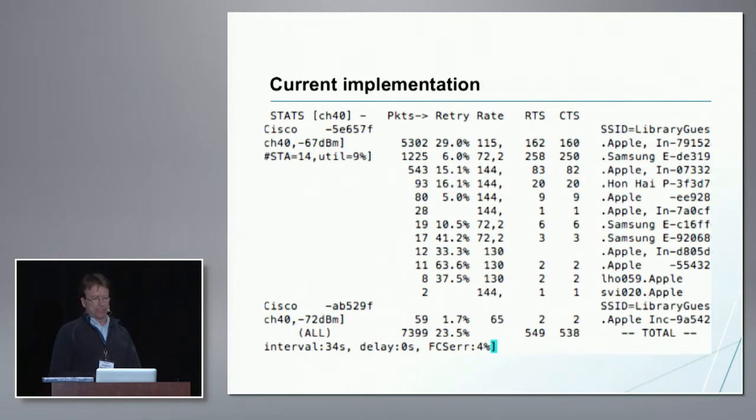From the QBSS information element in the beacons, I've picked out, up to the left, the station count and the utilization percent. And I've also included a column for dominating data rate, and CTS and RTS counts per station. So that might give a condensed image of some of the parameters in a WLAN cell.